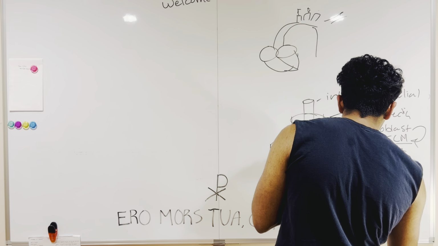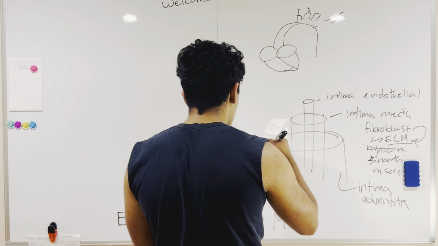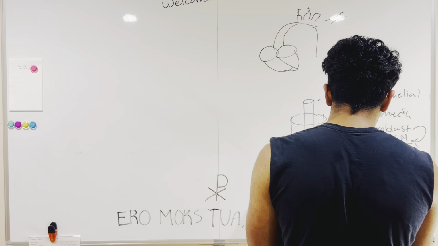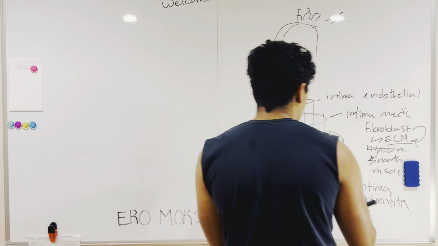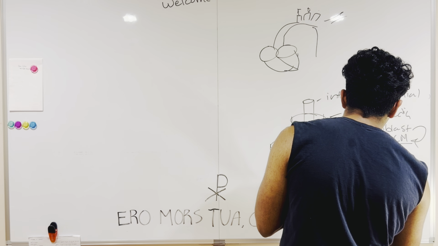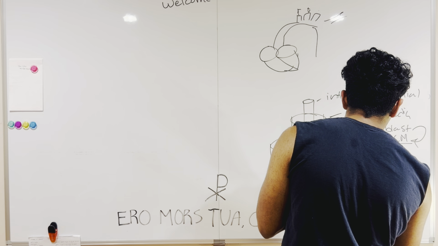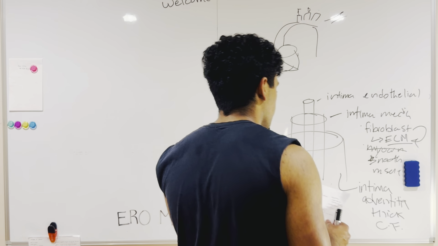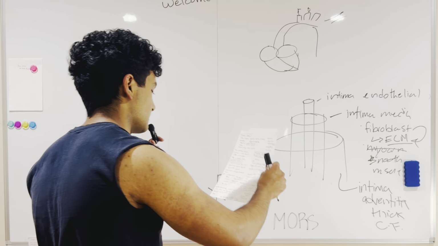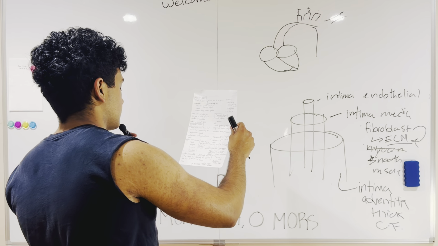This is more of a side tangent. You really probably don't need to know this for your EMT, but these are thick and include collagenous fibers. So very thick, collagenous fibers. That sounds like cerebral fluid. That is not cerebral fluid. That's meant to say collagenous fibers.